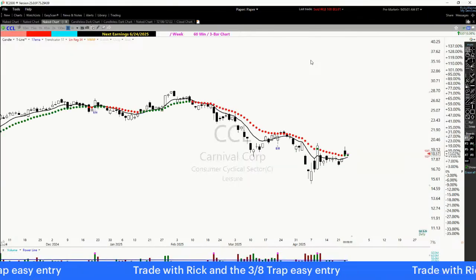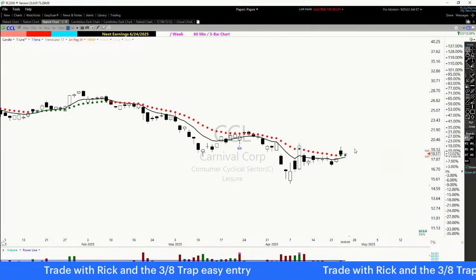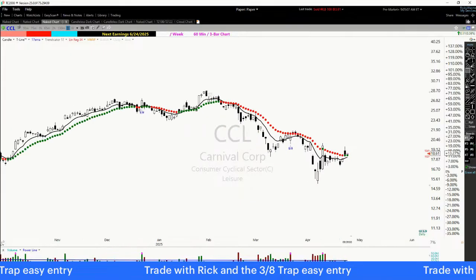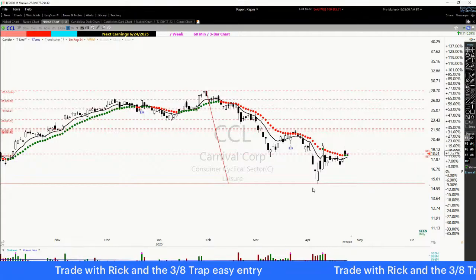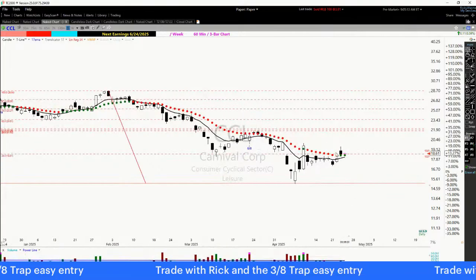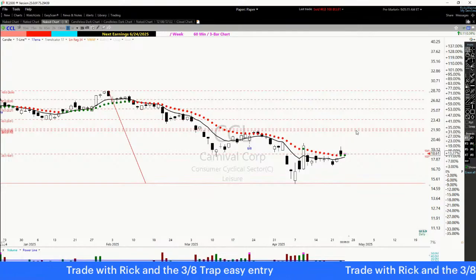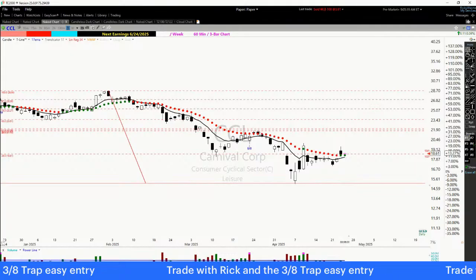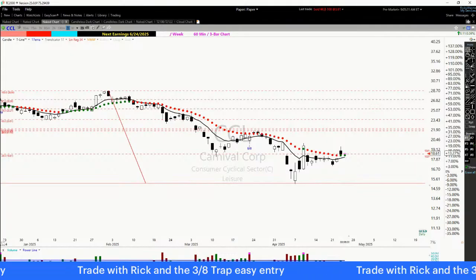CCL, Carnival. Yeah, Carnival might be trying to come up. Let's take this top, come down that bottom. You can see we're taking out that bottom area, and then there's the 50% retracement. Notice how it works out. I got to tell you, it's amazing.